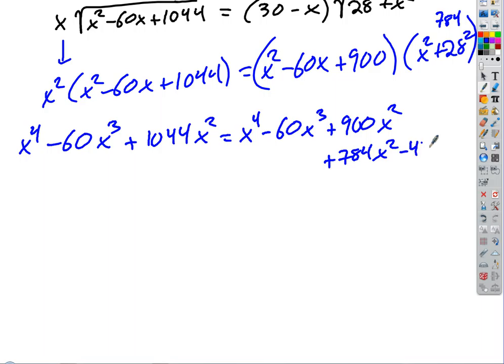Minus 47,040. Oh, God. We can't stop, we're already too invested. Okay, and then we get this other constant. We get 784 times 900. 705,600. Oh, sweet Lord. 705,600.